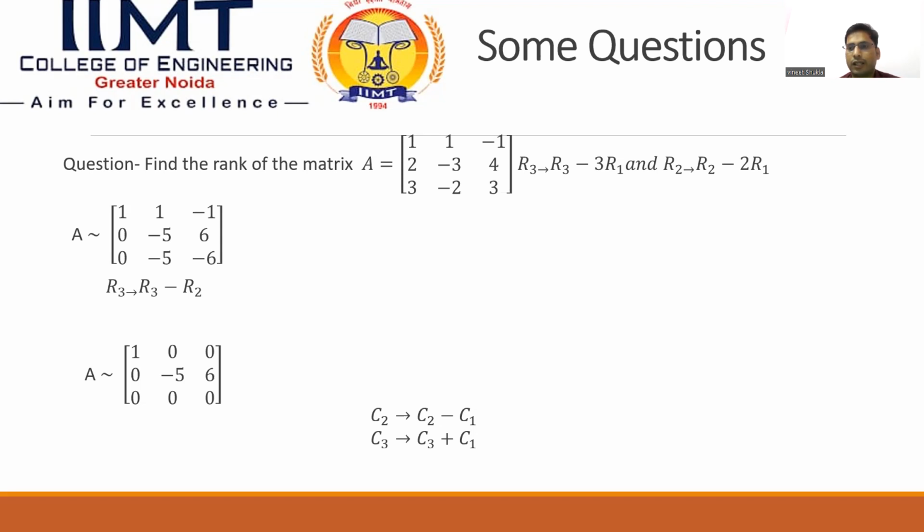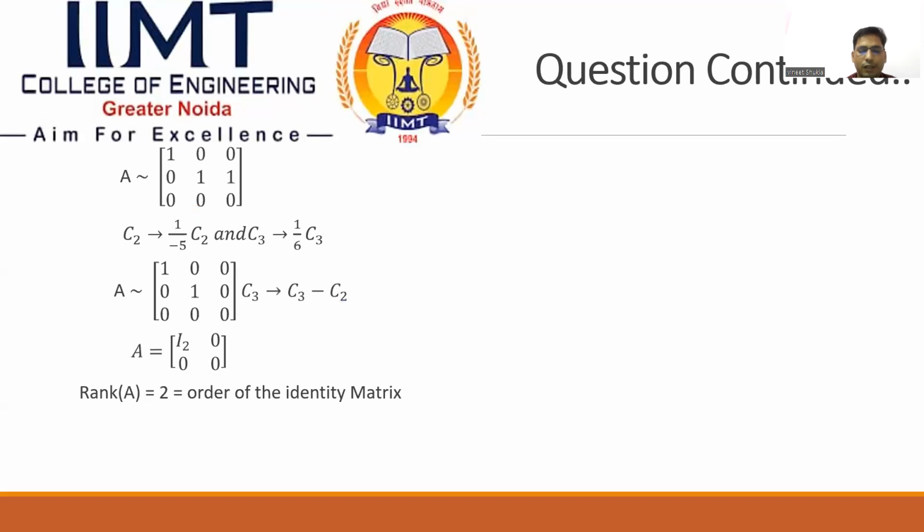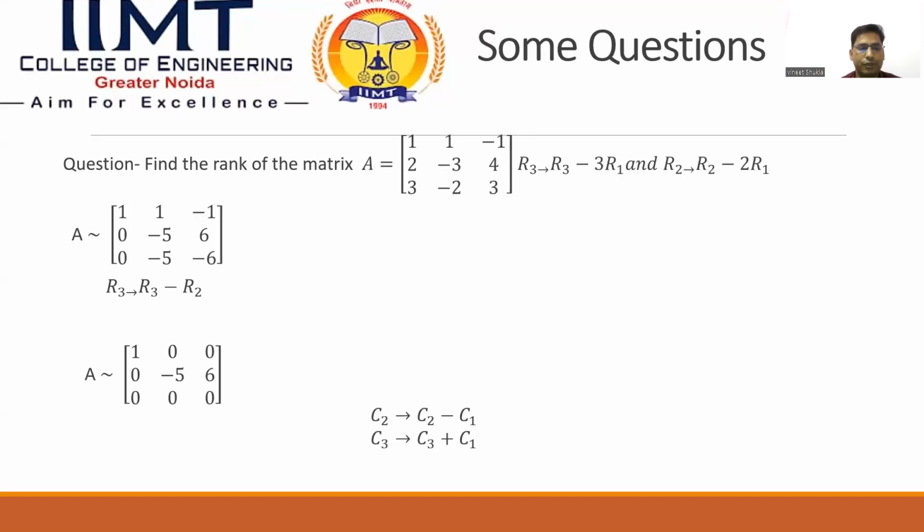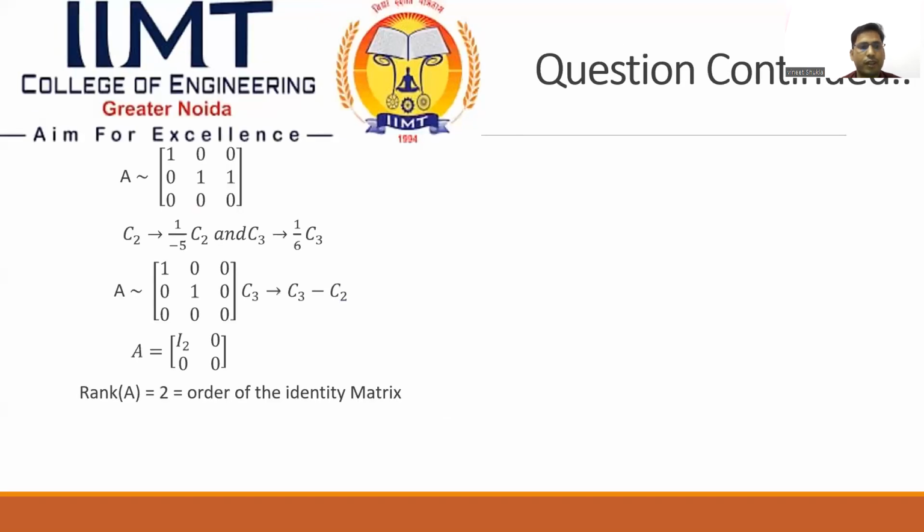Now we will apply the column elementary transformations. That is, C2 minus C1 in column 2, and C3 plus C1 in column 3, and we get the matrix 1 0 0, 0 minus 5 comma 6, and 0 0 0. Now we will make column 2 one and column 3 one.